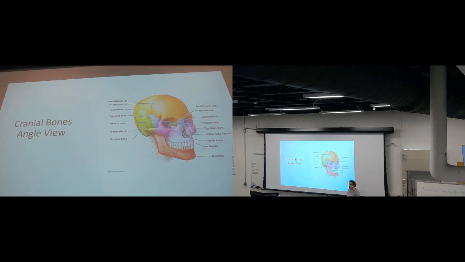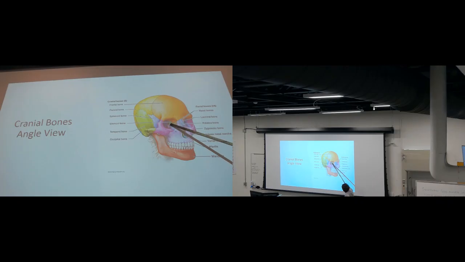Now, when someone shoots themselves by putting the gun in this region, in the sphenoid, in the greater wings, they blow the connection to every single bone. So this is the greater wing of the sphenoid.